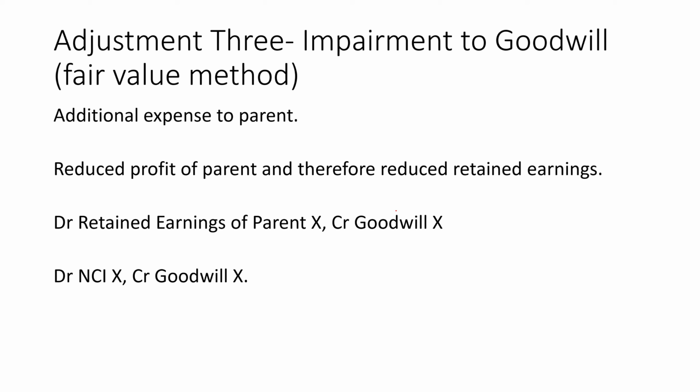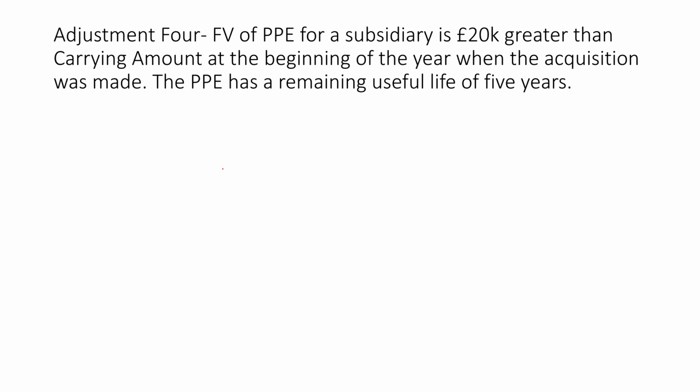Instead of just allocating the impairment to retained earnings of parent, you have to allocate some of the impairment loss to NCI. But I think in the exam question they'll tell you how much to allocate. That's all I just wanted to say on that. I didn't want to dwell too much on it. I've rarely seen it come up, but just maybe read through your notes and check how to do it properly.